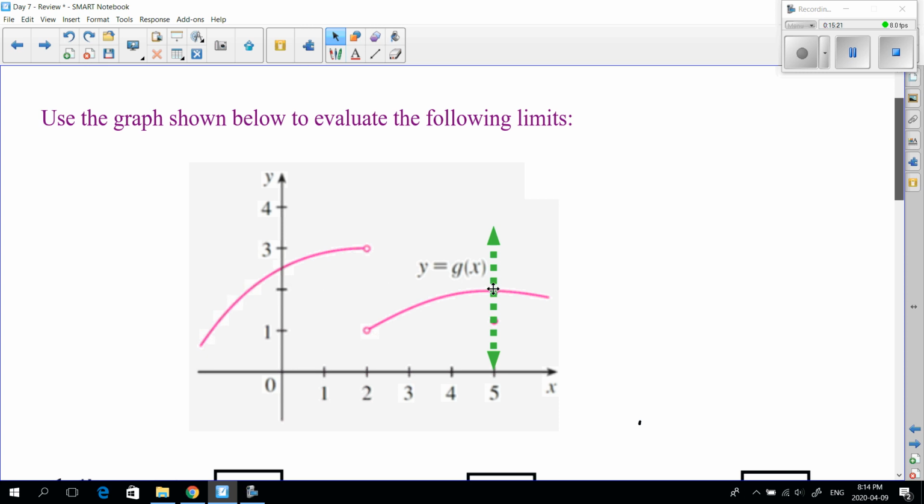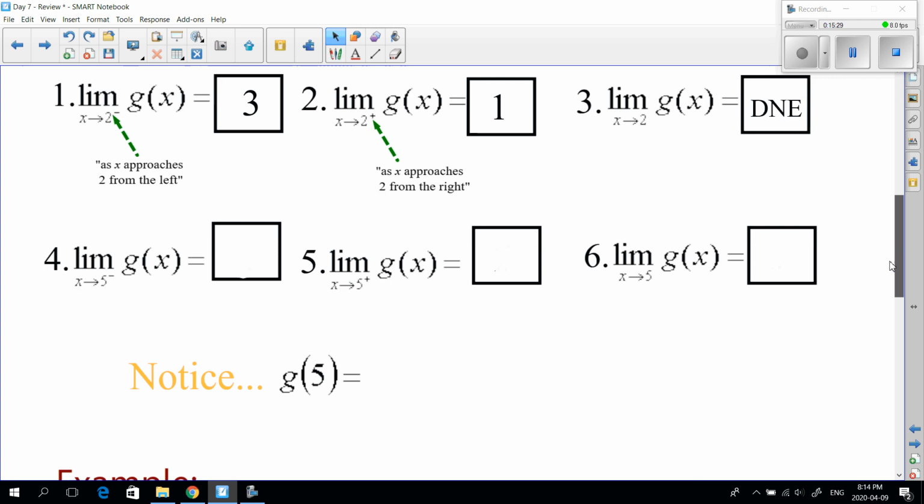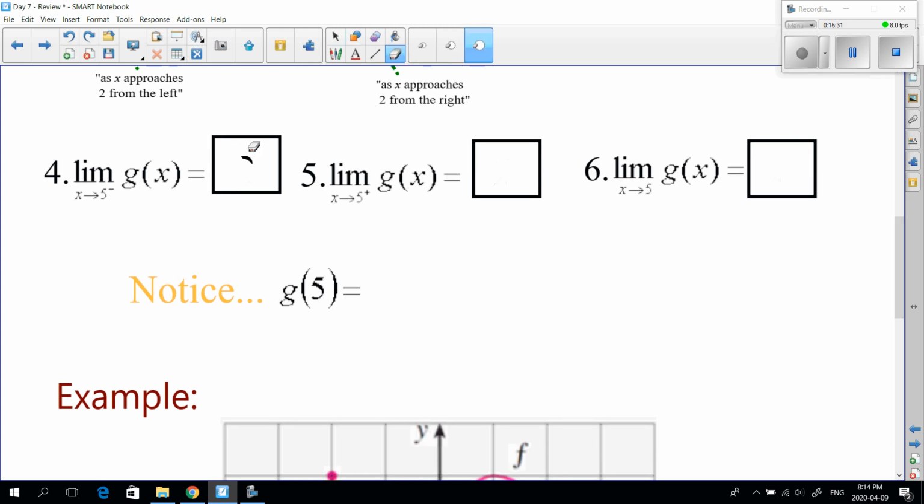When I approach 5 from the right, again, I arrive at a height of 2. So what does that mean? The left-hand limit we saw was 2. The right-hand limit we saw was 2. That means, since these are both the same value, the limit as x approaches 5 of g of x is also 2.